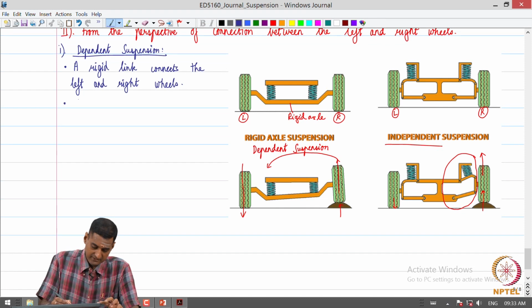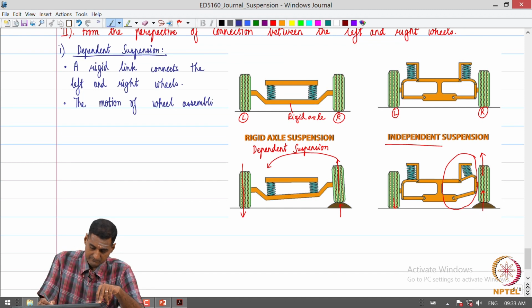So, of course, the motion of the wheel assemblies and the tires are dependent on each other, the vertical motion.